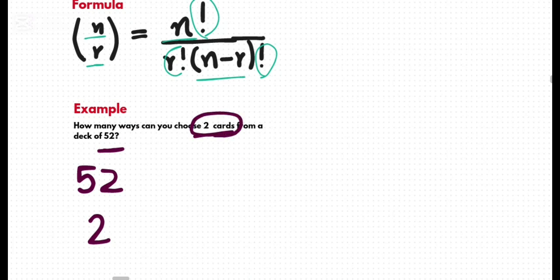how many ways can you choose 2 cards from a deck of 52? So if you see the formula above, n is 52, and r, the number of items chosen, is 2, which are 2 cards.